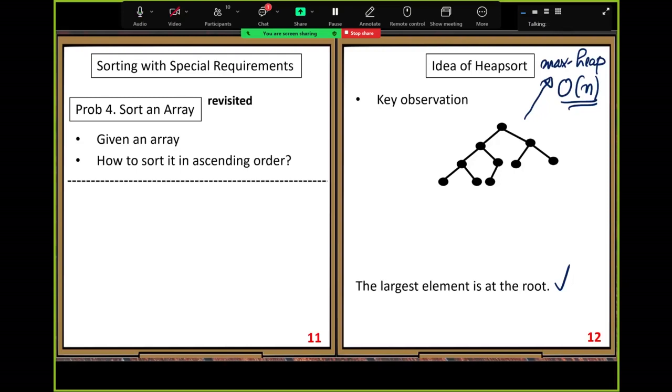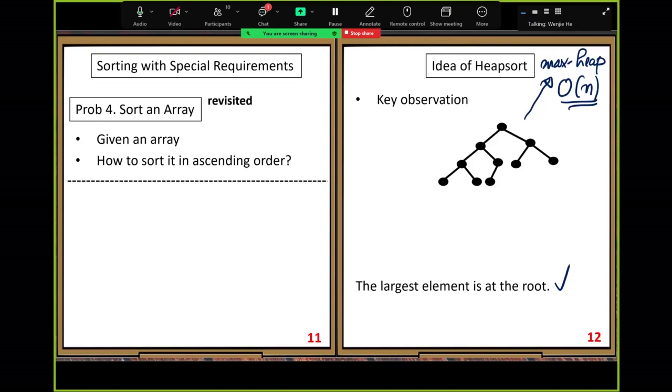If the largest element is at the root, can we put it in place immediately? We know the location of the largest element is at the end of the array. In the final sorted positions, the largest element must appear at the end.